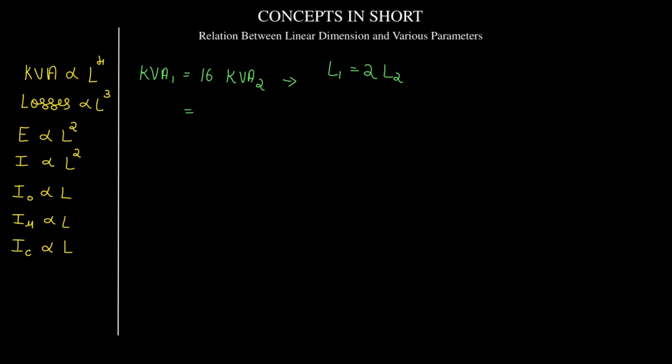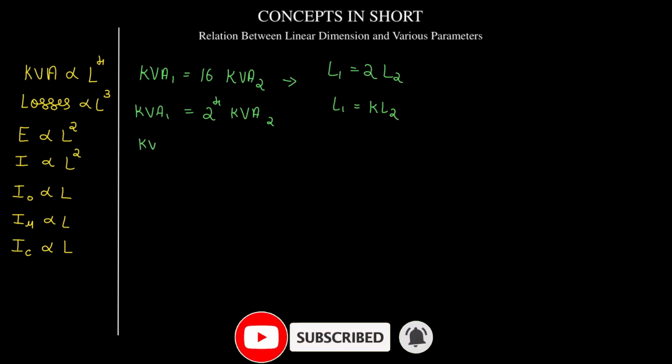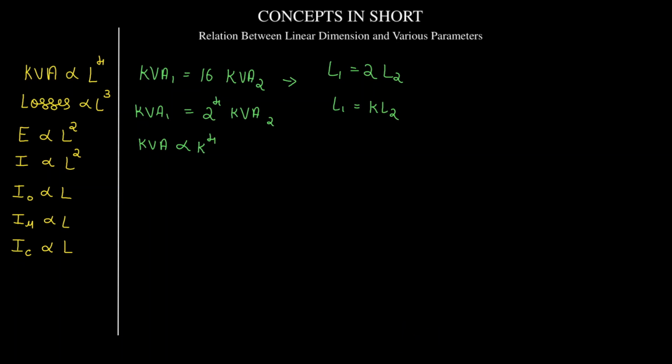It can be said that 2 power 4 is 16 times kVA, and if linear dimension is k times linear dimension of second transformer, that means kVA will be directly proportional to k power 4. This I have written in equation number 1. And we also saw E will be directly proportional to area, and we know that area is actually length square. That brings us that E will be directly proportional to linear dimension square, and that similarly goes to current as well.